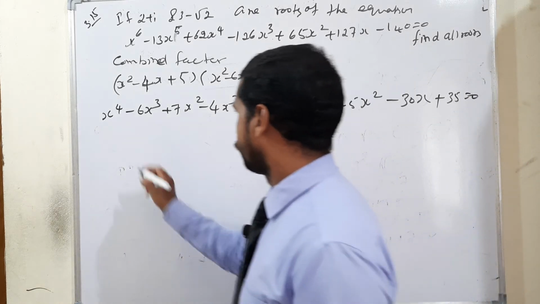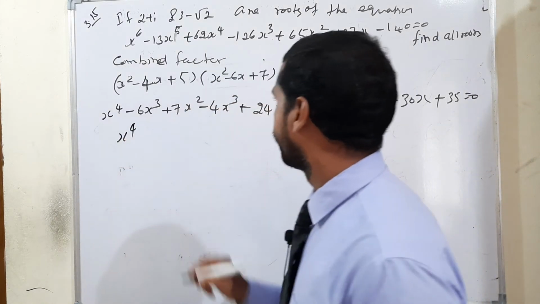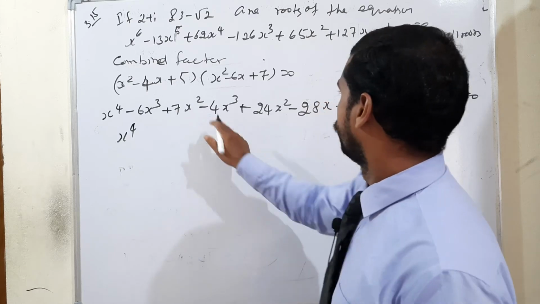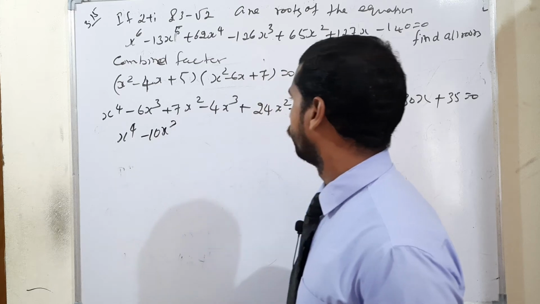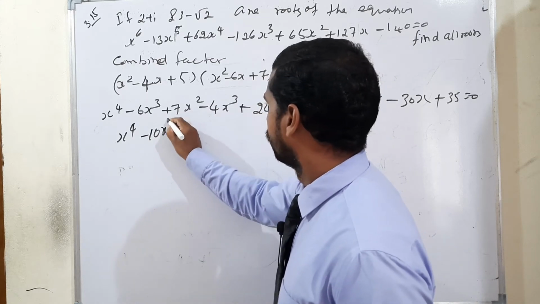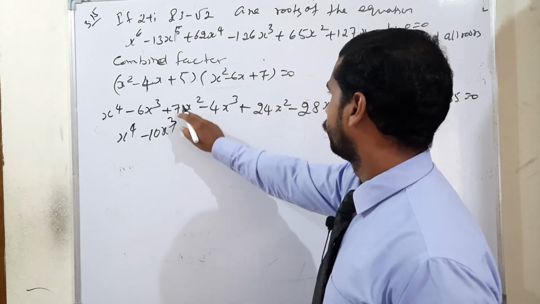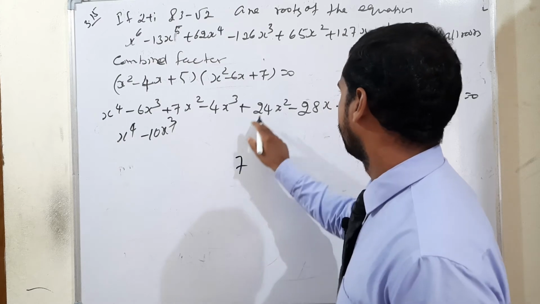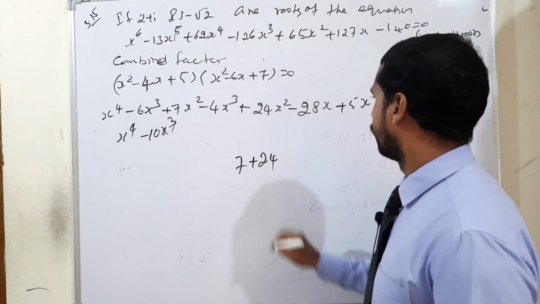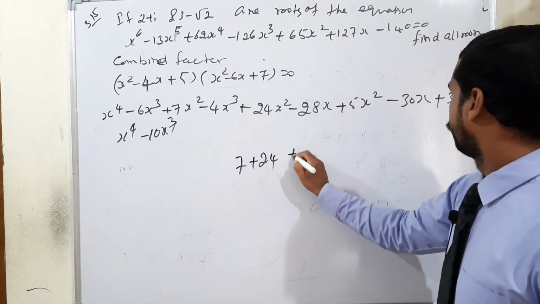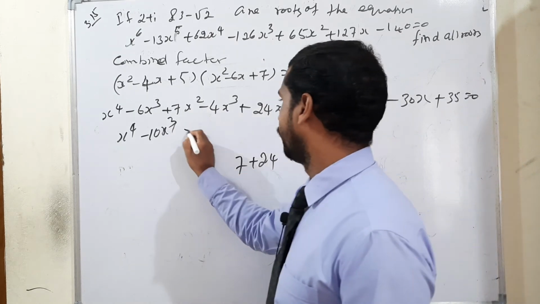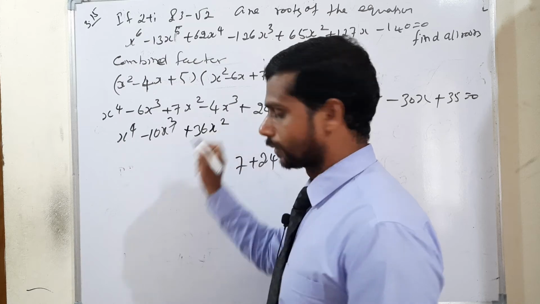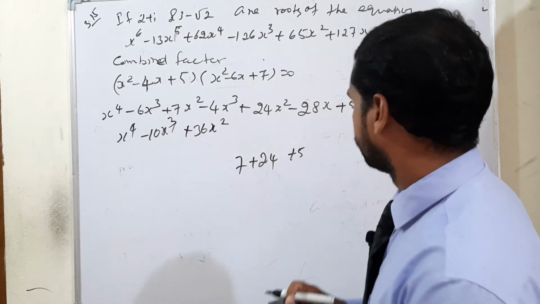Just equating: first one x to the power 4, only one time is there. Then cube value, 2 times: minus 6 minus 4 means we can write minus 10x cube. The next one, square of the value: 7 is there, here plus 24 is there, next one 5 is there, so 24 plus 5 is 29, 29 plus 7 means 36x square, isn't it?